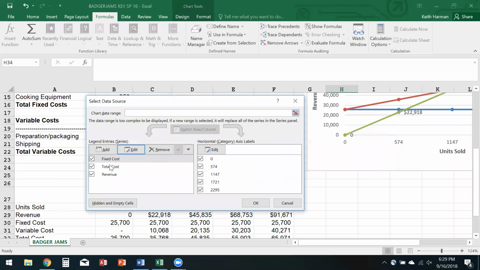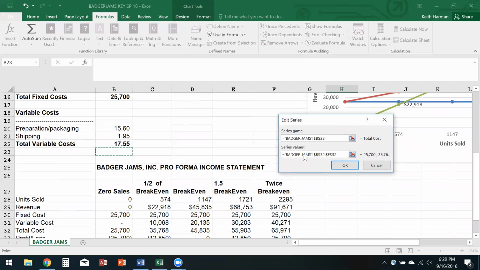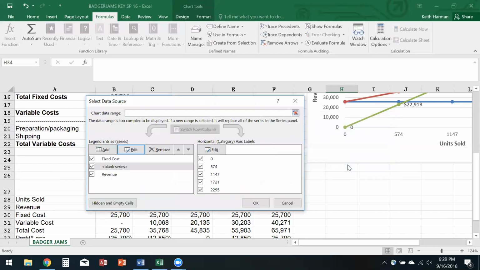And then we'll take the total cost here, and we're going to click edit on it, and we'll see that it's Badger Jams, that series name, total costs. Okay. And then the values. And then the revenue.